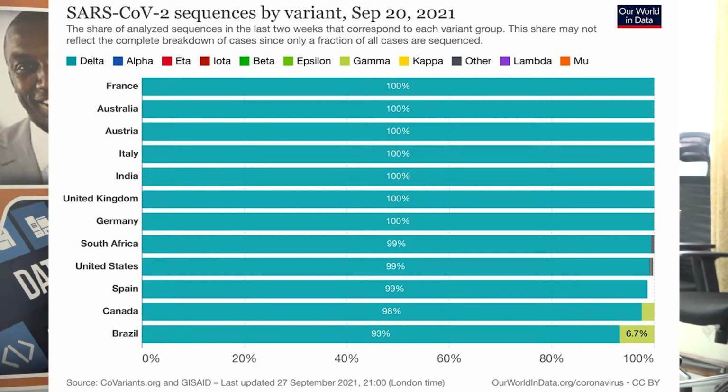By September this year, it was only Brazil that had about 93% being Delta, but they still had a bit of Gamma, and that is why it was first described. Canada also had just about 2% being Gamma, but the majority was Delta. So this picture tells you that the Delta variant came into the world and displaced all the other previous variants.